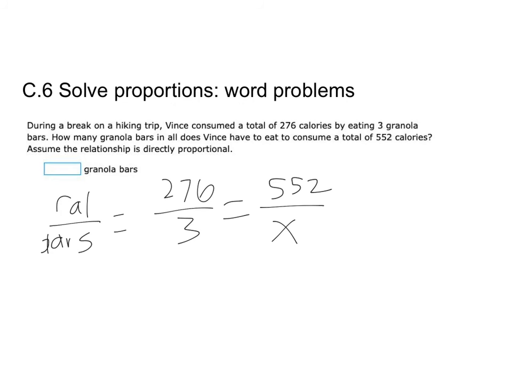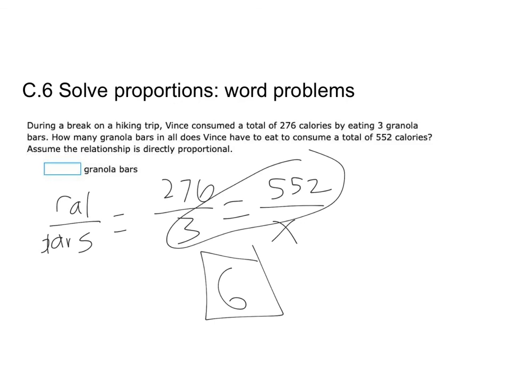So the bars are unknown. So we would take that 552 and multiply it by 3. 552 times 3. And then we would take that and divide it by 276, giving us a total of 6. So he would need 6 granola bars.